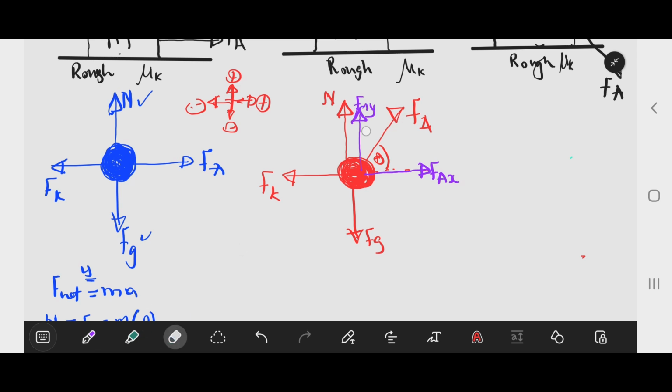So since we have shown Fa in terms of components, we can remove that Fa, right? And our calculation for Fa y would be F sine theta, and Fa x would be F cos theta. Okay, so we have resolved now.